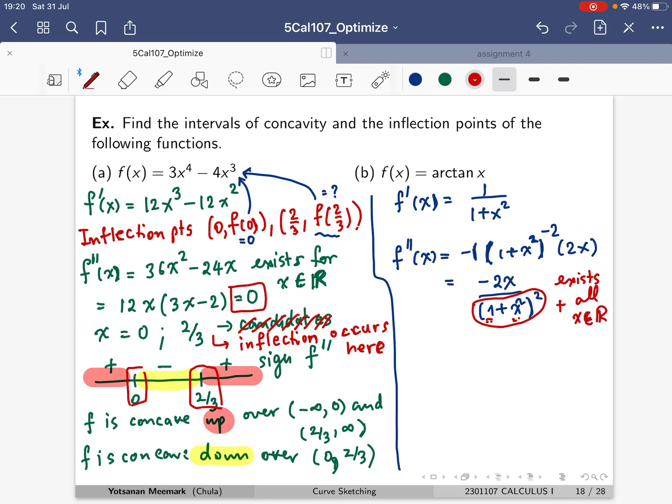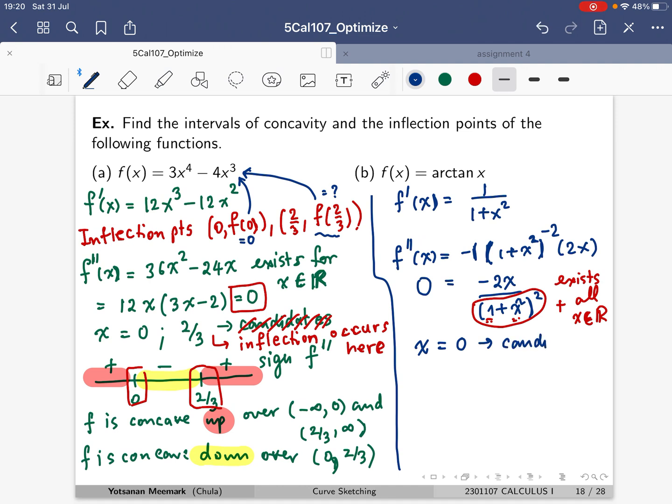So the only candidates for the inflection point will occur when your f double prime equals 0, and because your f double prime is a fraction, the fraction equals 0 only when the top equals 0. So it means that your x is 0 as a candidate again.